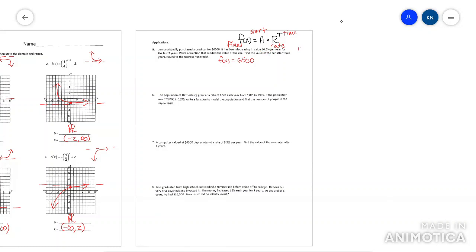Now the rate, it's decreasing, so it's going down by 10.5%. Well, 10.5% as a decimal is 0.105, okay? And then for your actual rate that you're going to put here, it's going to be 1 plus or minus that. In this case, it's a minus because you're going down in value. So when you do 1 minus 0.105 on a calculator, you get 0.895. That's your R value.